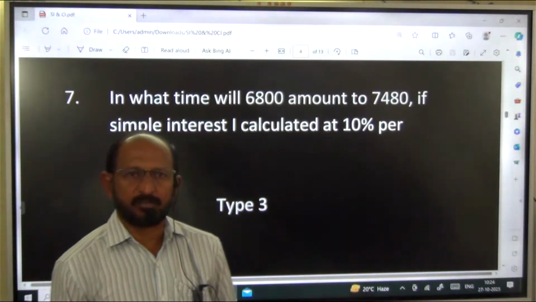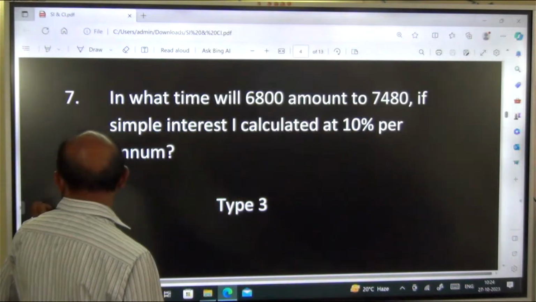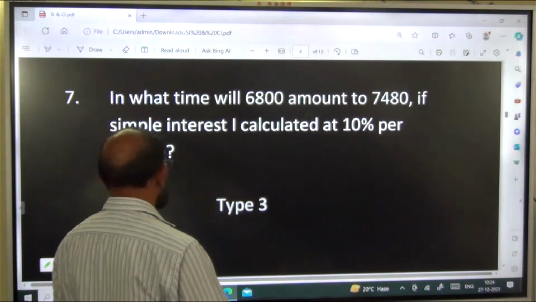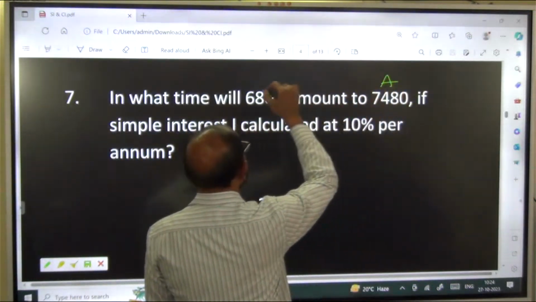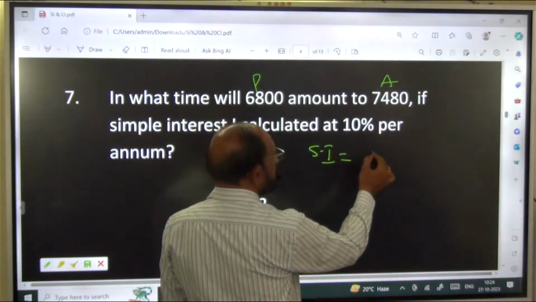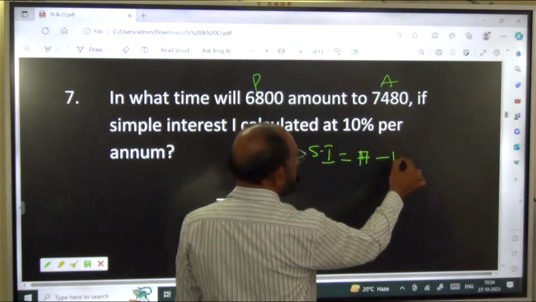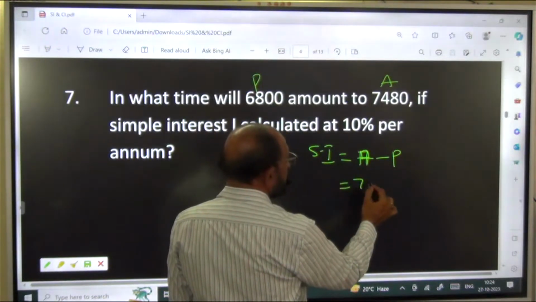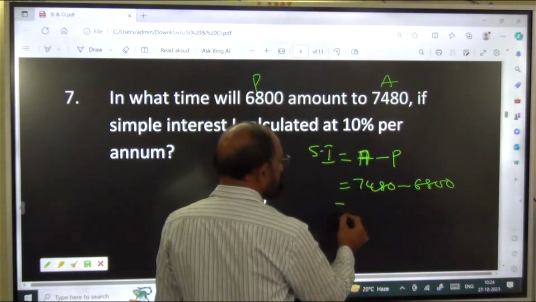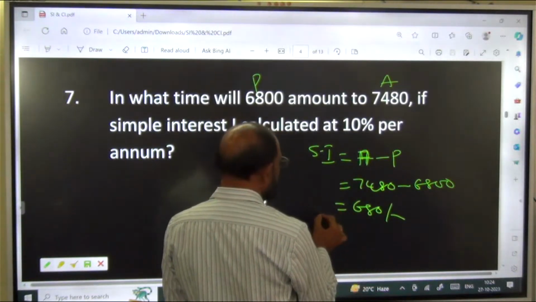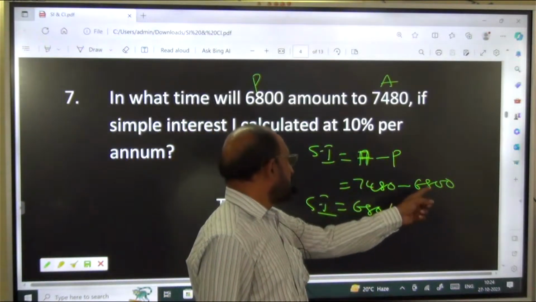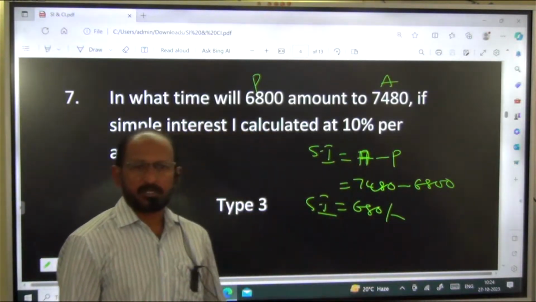This is the amount and this is the principal. So we know that simple interest is equal to amount minus principal. 7,480 minus 6,800. So what is that? 680 is the simple interest. Correct? 200 plus 480, 680 is the simple interest.